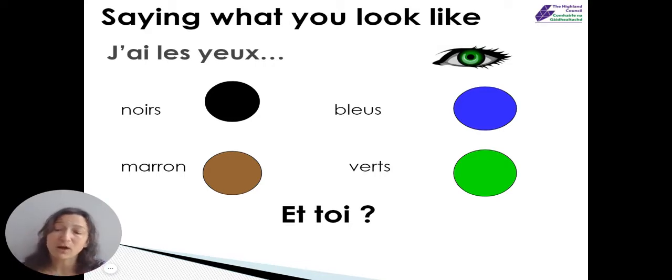The children that are more comfortable can give the whole answer, and they might not need that level of support, so you could just ask them, tu es comment? You might give them the first bit to start them, J'ai les yeux, or you might just ask them to answer. And you might have this level of support on the board to help them. So that's a couple of games there: guessing game, yes and no, and questioning choice of two.